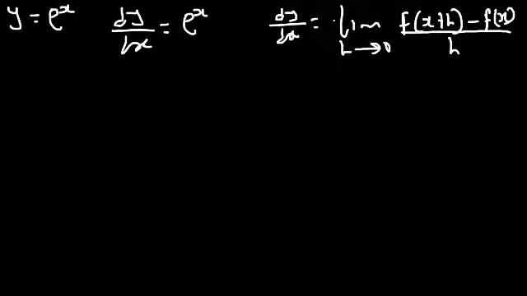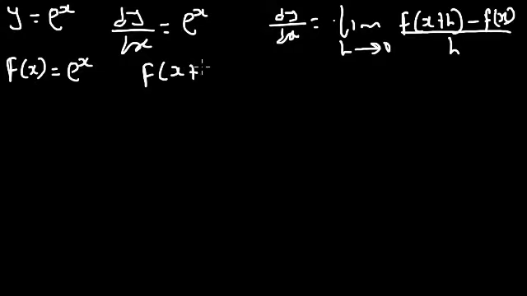Perfect. So now, if y is equal to f of x, which is the same thing as e to the power of x in this case, what do you think would be the value of f of x plus h? Because we need that to substitute into the definition of derivative.